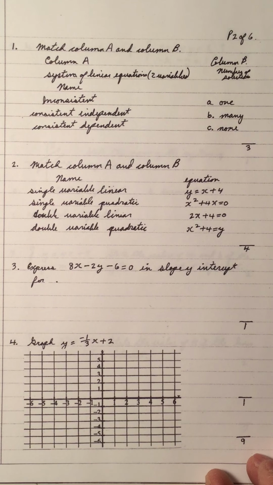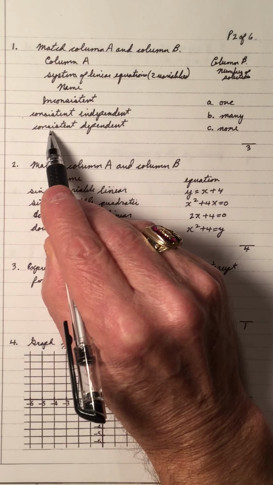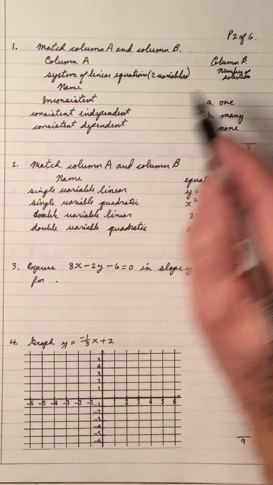Here we go. Match column A with column B. Column A is the system of 2 variables, and the name is inconsistent, consistent independent, or consistent dependent. Column B is the number of solutions. An inconsistent system is a pair of parallel lines, so it has C, no solutions.